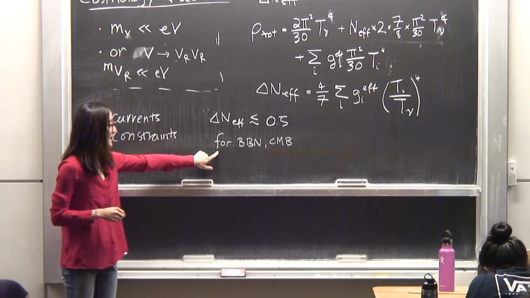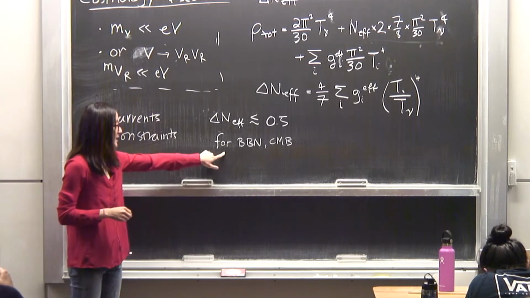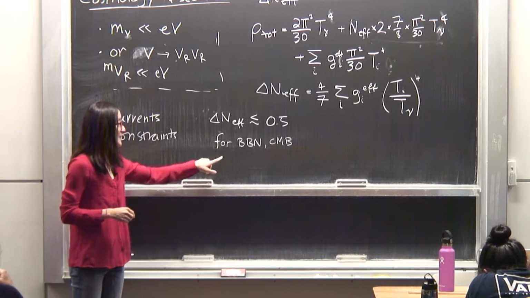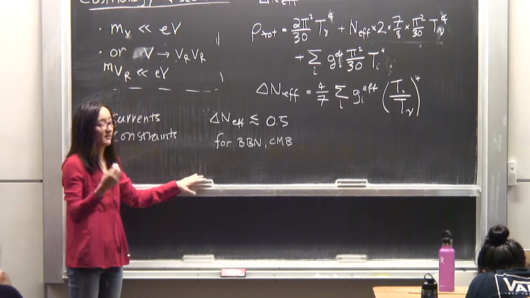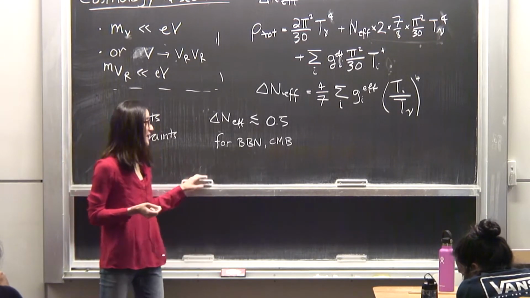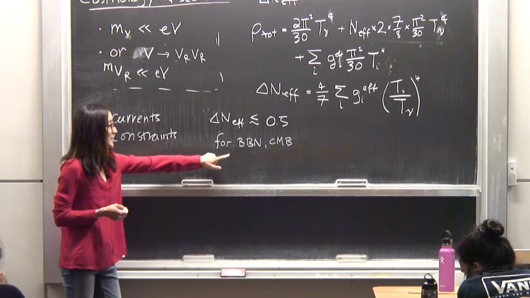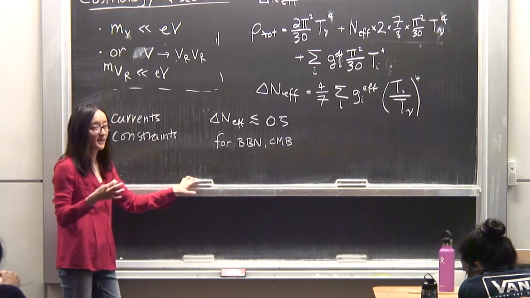So what happens if I increase delta N effective is that I change the expansion rate during nucleosynthesis. Sorry, just looking at BBN. If I change delta N effective during BBN, I increase the expansion rate.